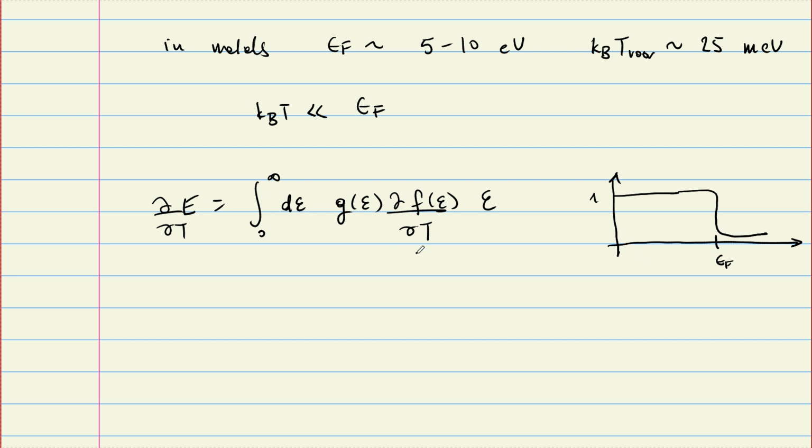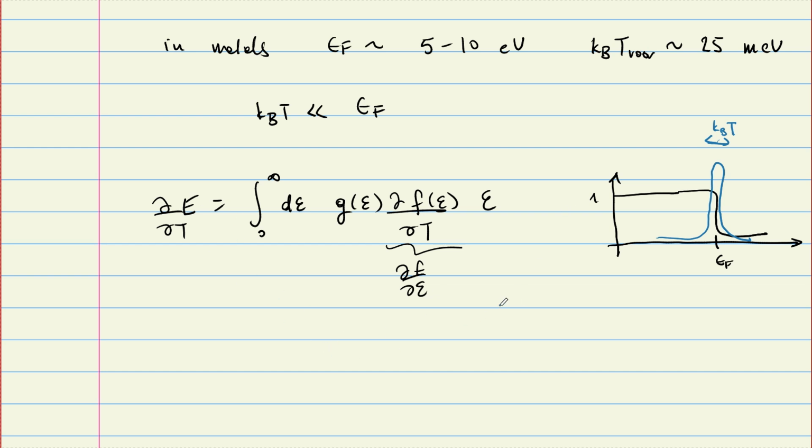Let me not get into that, but what I want to ask you is, what is the derivative of a step function? If I give you a step function like this and ask you to calculate the derivative, it is another famous function. What is it? Delta function, right? The derivative is going to be a delta function like this, and the width of this delta function is going to be on the order of kBT.